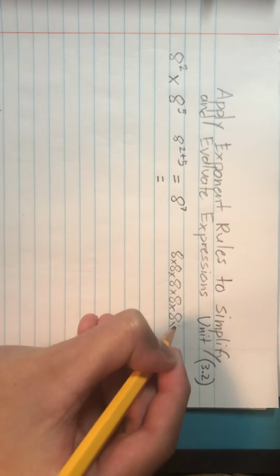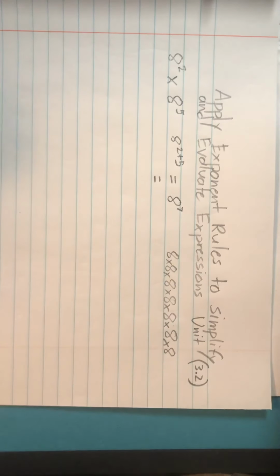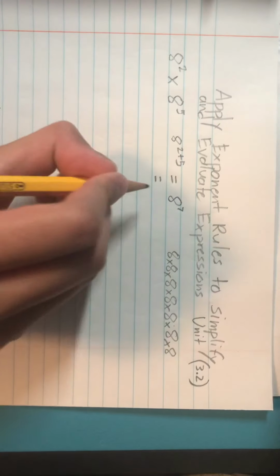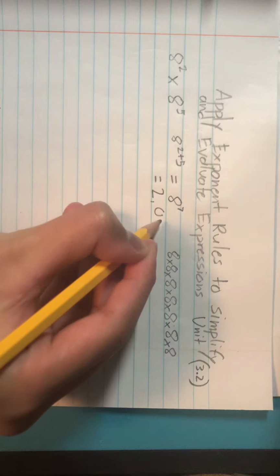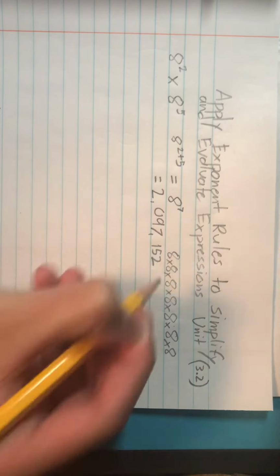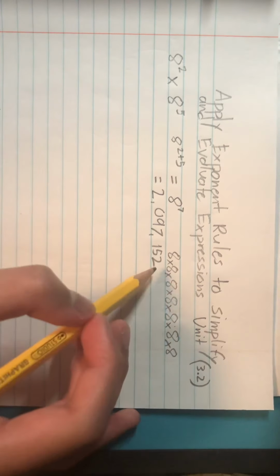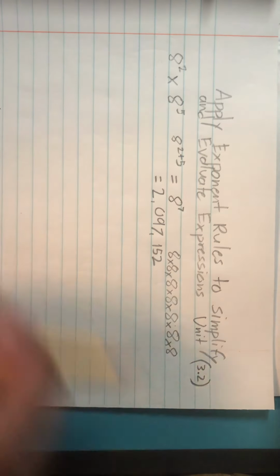If I did it in a calculator, the answer would be a huge big number. So it would be 2,097,152. Obviously, I would have known it would be a big number because we'd be multiplying so many 8s.